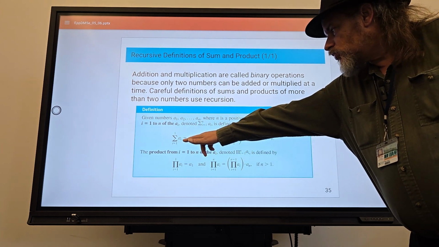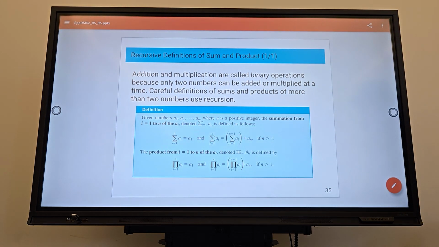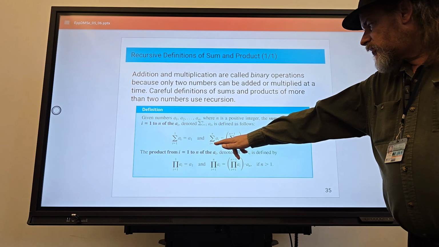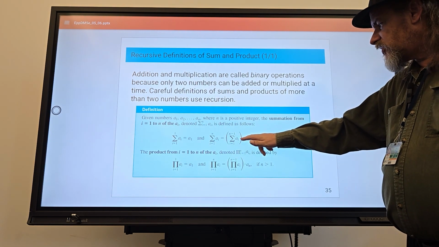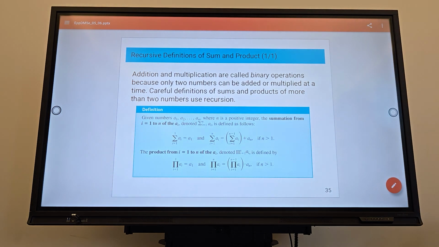With 1 to 1, the summation equals a sub 1, and then recursively, the summation from i equals 1 to n is the summation from i equals 1 to n minus 1 of a sub i plus a sub n, if n is greater than 1.